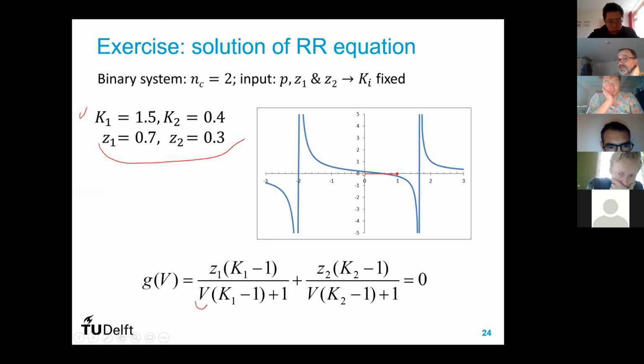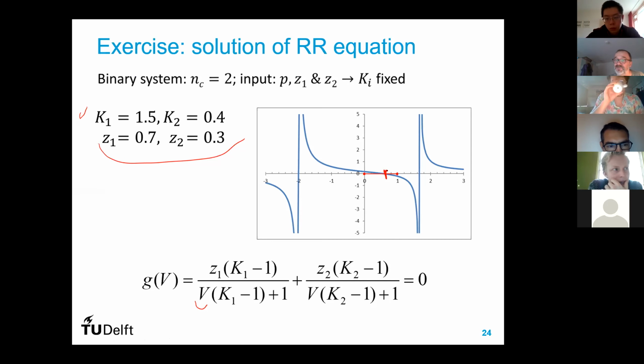You can use bisection. So you're starting from 0 left, 1 right, and then you find the solution that is somewhere here. And this is what we call flash calculation. Is that clear? Good. Yes.